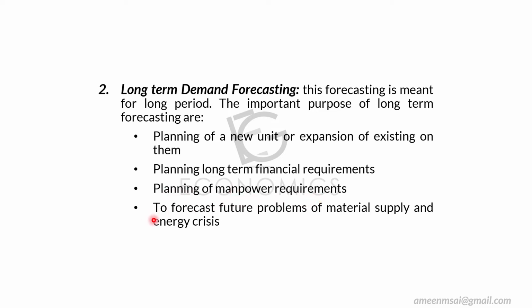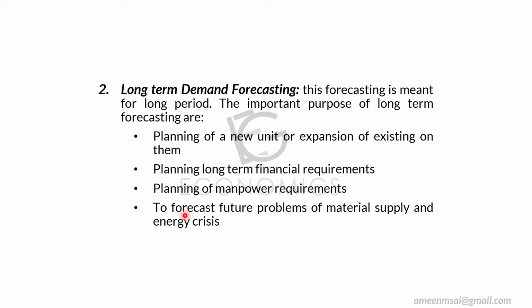The fourth purpose of long-term demand forecasting is to forecast future problems of material supply and energy crisis. When you plan to increase your production by more than 50% or nearly 100%, you should have a clear-cut plan on the supply of raw materials.